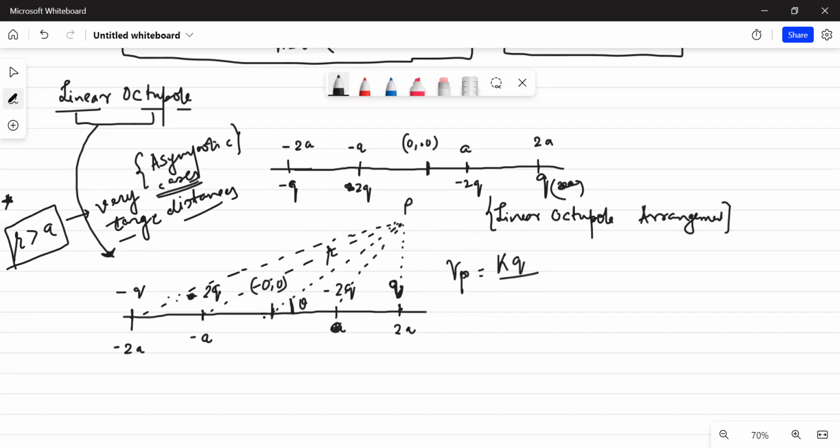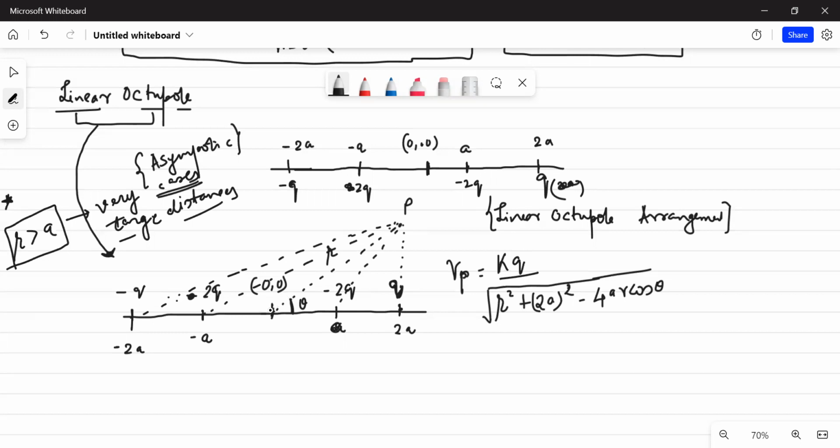What will this distance be? If I take this as 2a, and if I'm taking this as r, this will be equal to root over r square plus 2a whole square, and then you have minus 4ar cosine theta. So this is it. What would be this distance then? So I know this is theta, this would be pi minus theta.